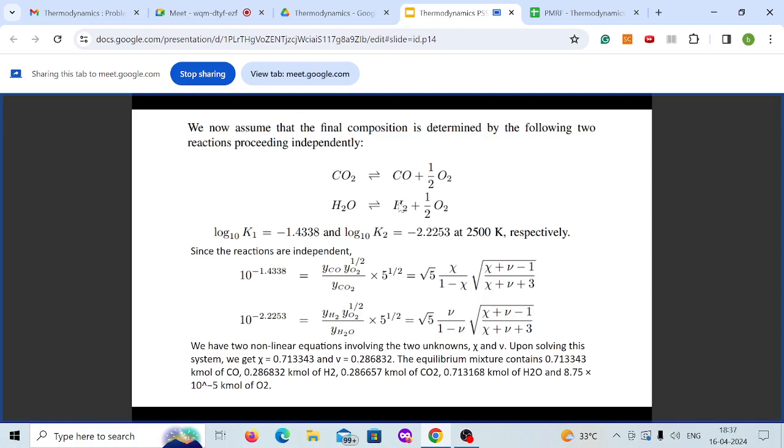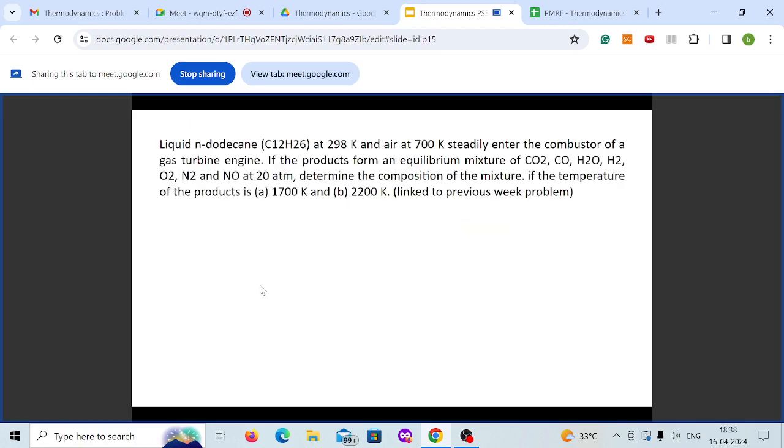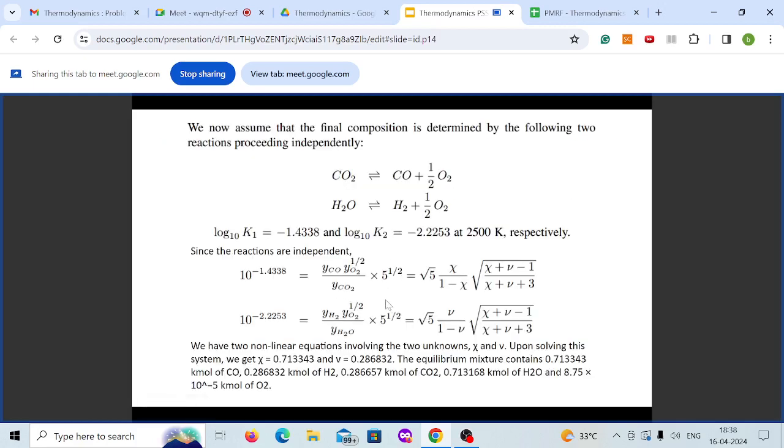If you write the equilibrium coefficient expression, for the first reaction, 10 power minus 1.4338, which is the K value, equals y CO into y O2 raised to power half, because the coefficient is half, divided by the mole fraction of CO2, into (P by P reference) raised to power product minus reactant.